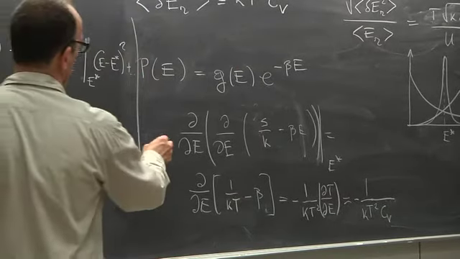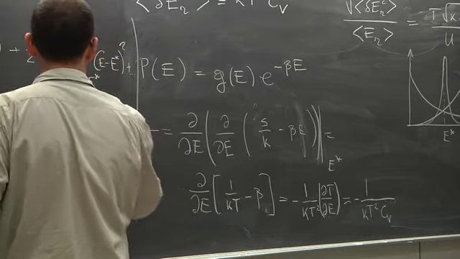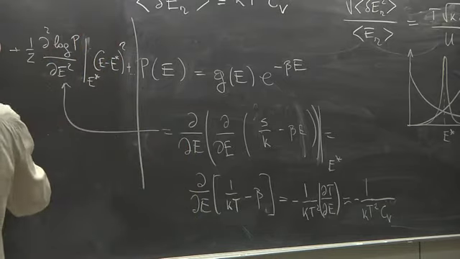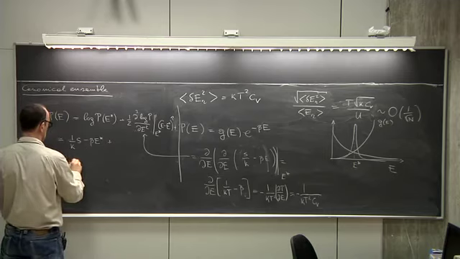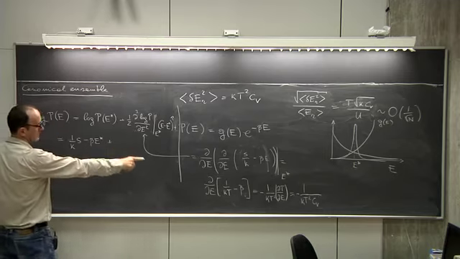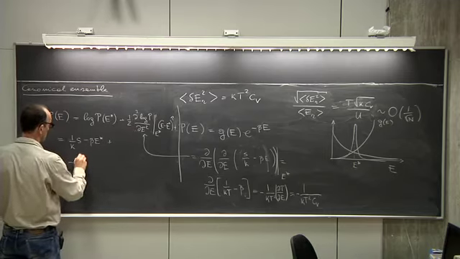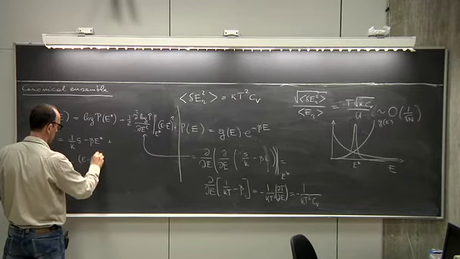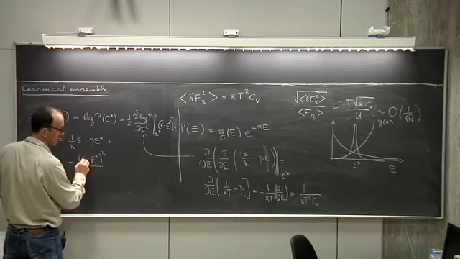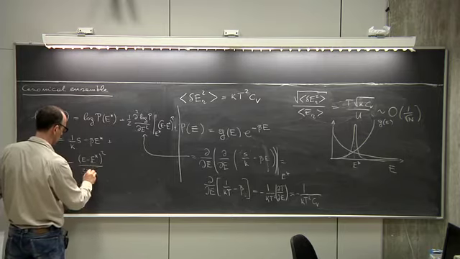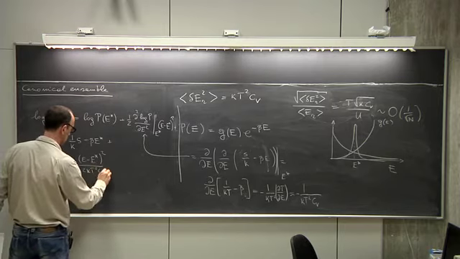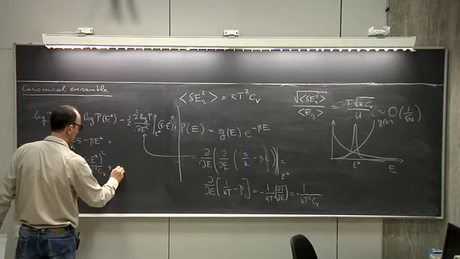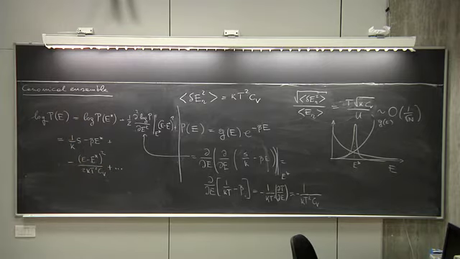So the log of P of E is minus (E minus E star) squared divided by 2 kT squared times CV, plus higher order terms.